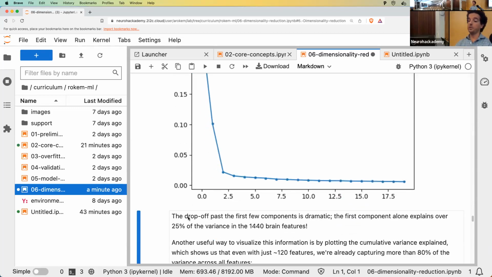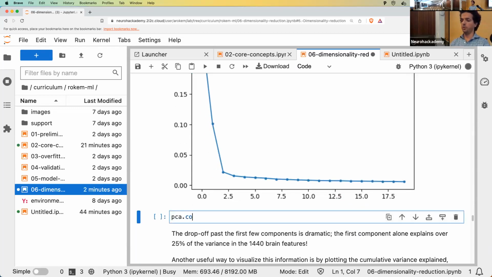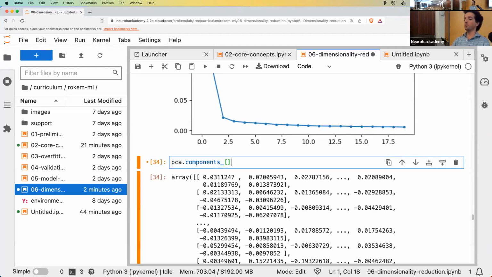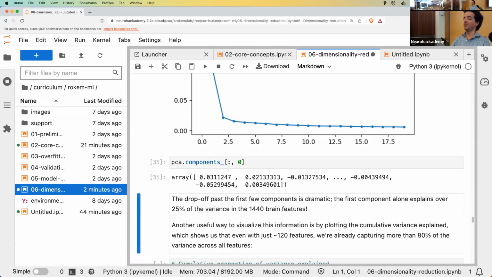You can pull out of this what I think is the coefficients, or components. You can pull out of this a set of weights on the original features. I don't remember if it's on the rows or the columns though.